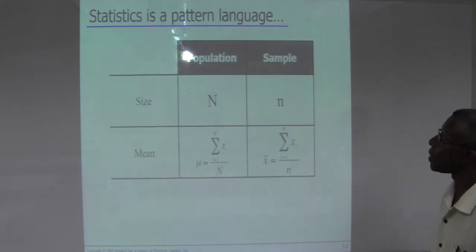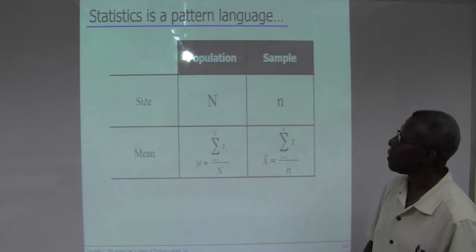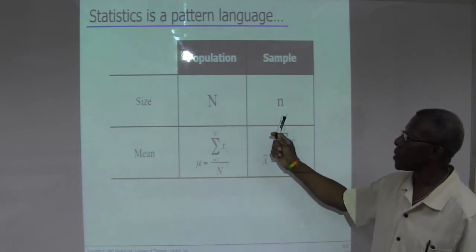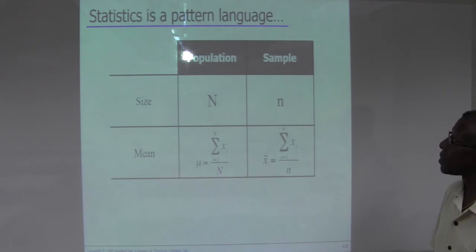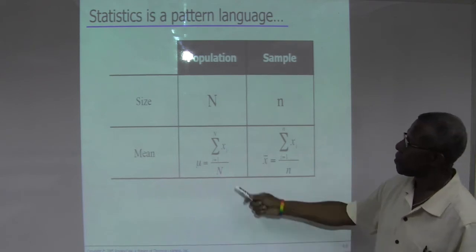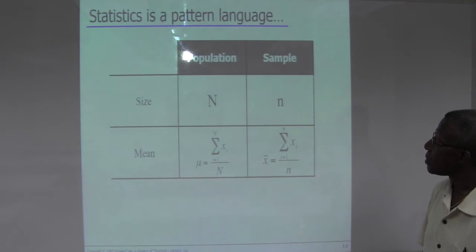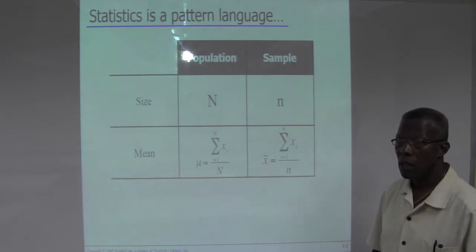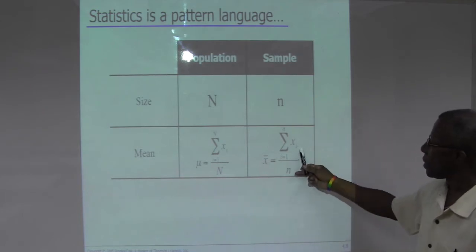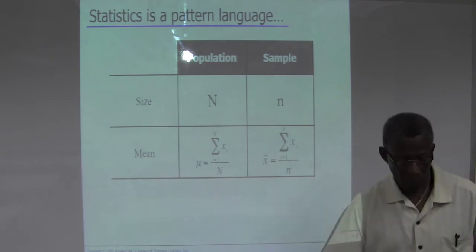Again, we see pictorially this in a nutshell: the population mean is shown here, and x bar is shown here.